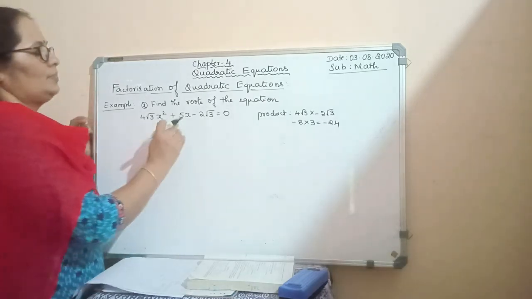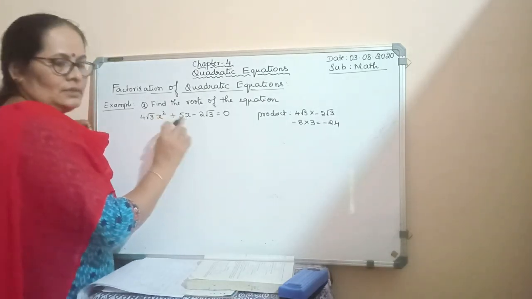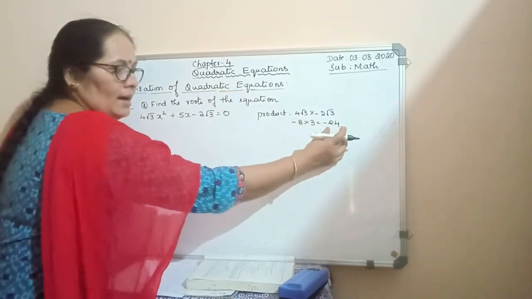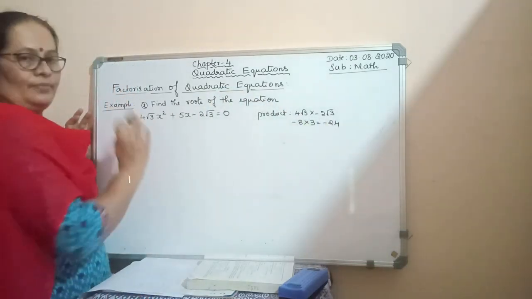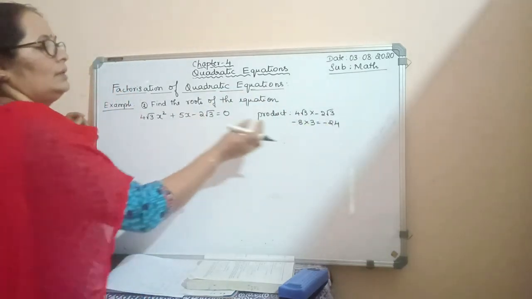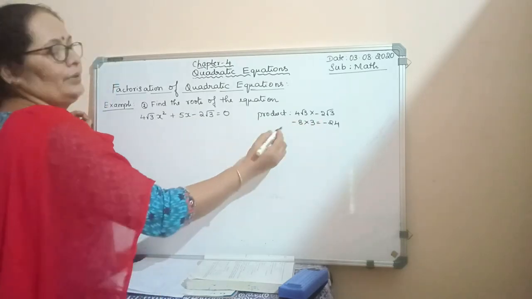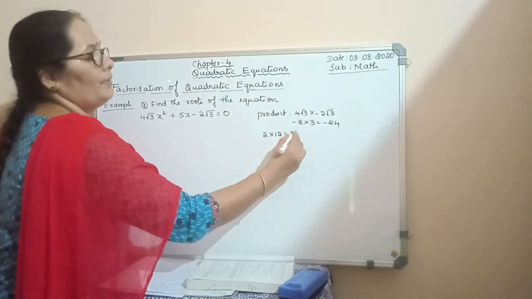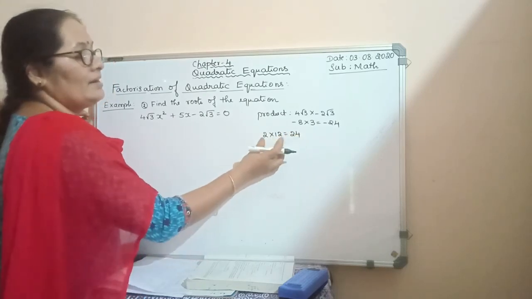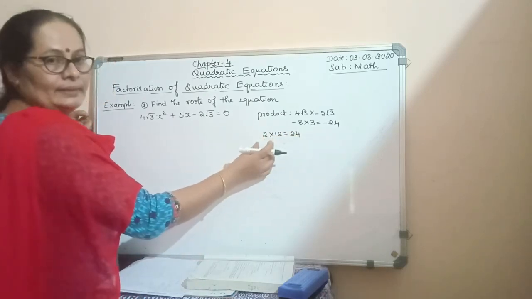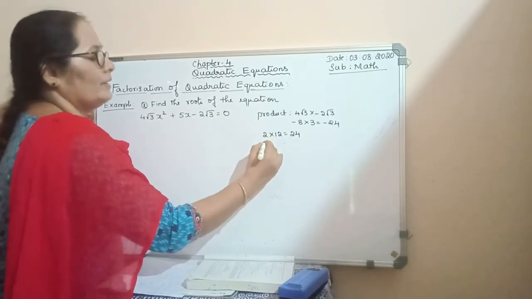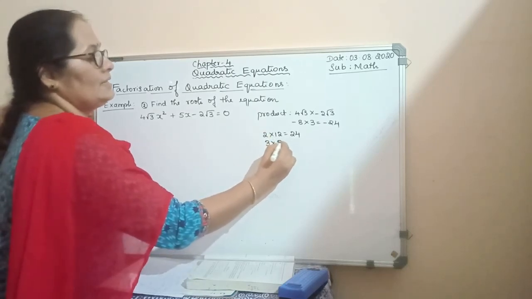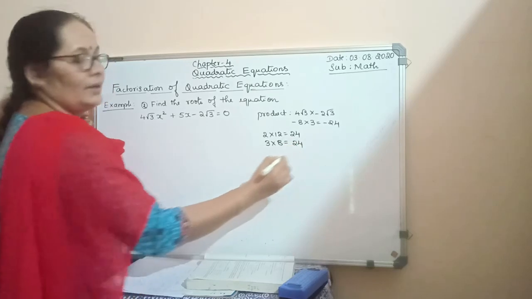Now you have to split this 5 so as to get product minus 24 and sum 5. Now product 24. So in two ways you'll get product 24. 2 12s are 24. Product is 24 but their difference is not 5, right? So then next is 3. 3 8s are 24, right?